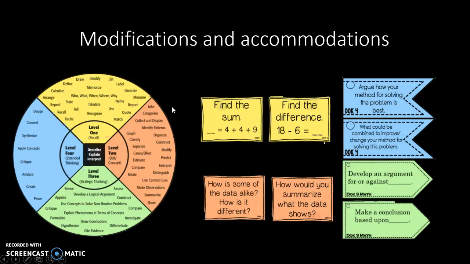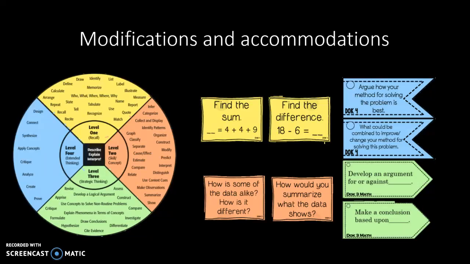Next, we're going to look at DOK, which is depth of knowledge. To look at DOK, there's this circle chart here that is extremely useful. For DOK, I color-coded them. DOK level 1 is yellow, level 2 is orange, level 3 is green, and level 4 is blue.